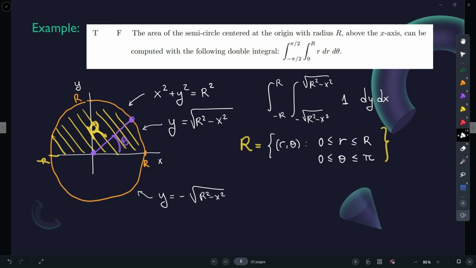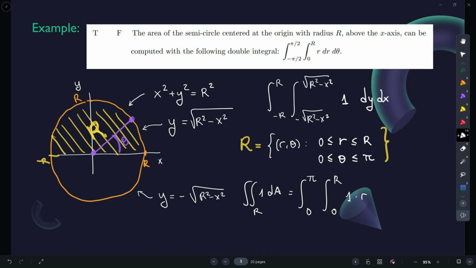And therefore, if I want to convert that integral, the integral of 1, the area of R, and I want to express it in polar coordinates, I would express it as the integral, first of all, in angle from 0 to pi, then in radius from 0 to r, and then of the function 1 times my conversion factor.